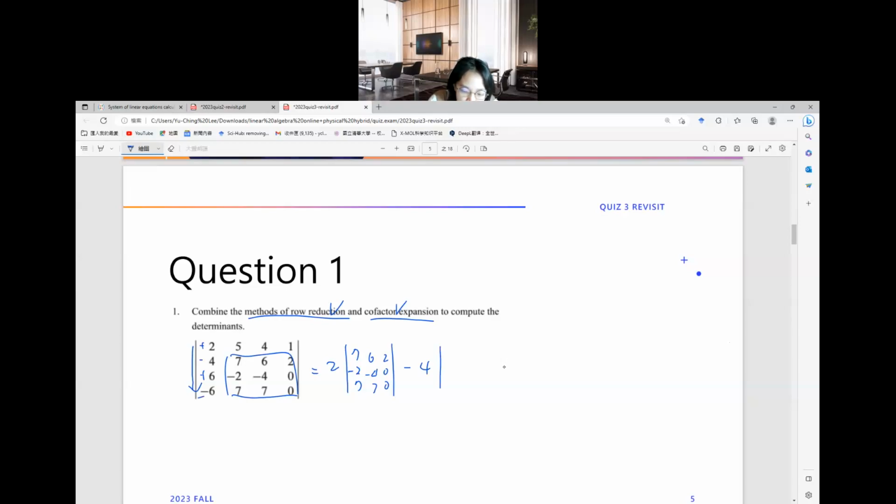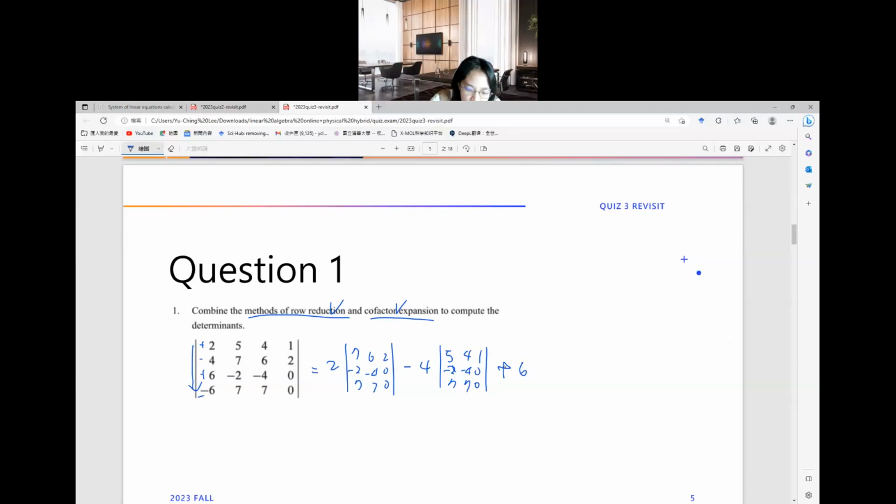So I have minus 4 times the 3 by 3 submatrix 5, 4, 1, 2, 7, 7, 0. This 3 by 3 matrix was obtained by crossing out this row and this column.